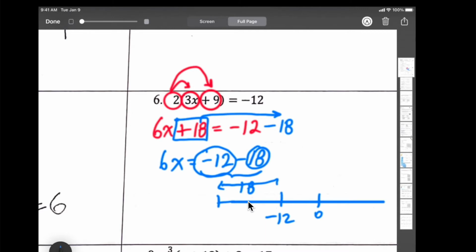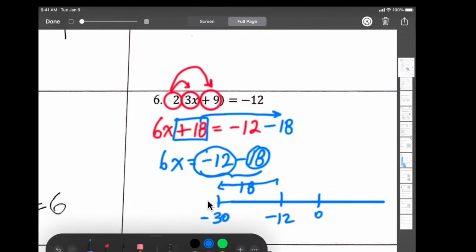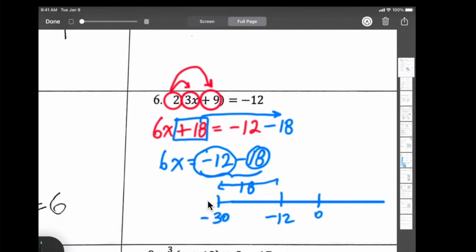If you march 18 spots this way, you're going to be at negative 30. So now we have 6x equals negative 30. We divide both sides by 6, and our final answer is going to be x equals -5.